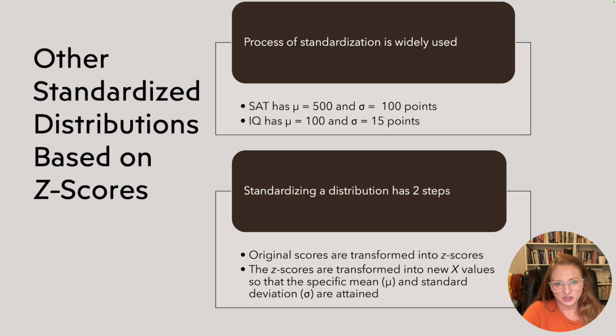When we standardize the distribution, it has two steps. Number one, the original scores are transformed into z-scores, and the z-scores are transformed into a new score, a new x value. And in the second step, the specific mean and standard deviation are attained.